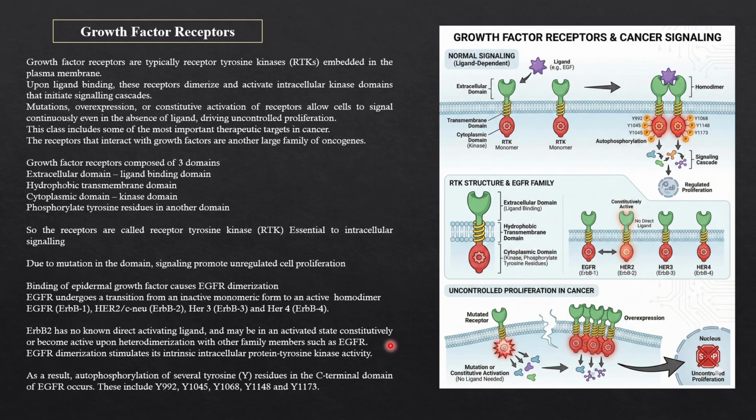EGFR dimerization stimulates its intrinsic intracellular protein tyrosine kinase activity. As a result, autophosphorylation of several tyrosines, which are the Y residues in the C terminal domain of EGFR, takes place. These include Y992, Y1045, and many others.